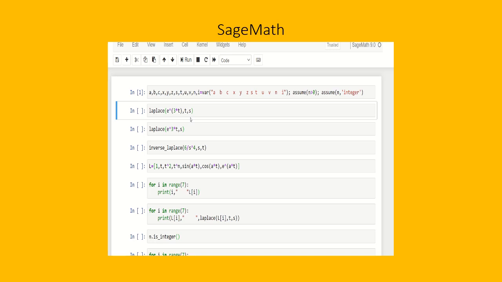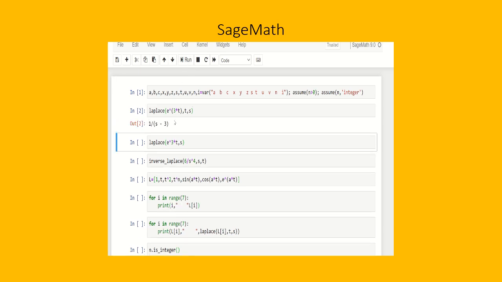Using t for our functions that we're finding Laplace transforms of, and using s as the variable for the inverse Laplace transform is widely used, but this software is fairly flexible and you can use other variable names if you want to. So let's run this one. So the Laplace transform of e to the 3t is 1 over s minus 3.